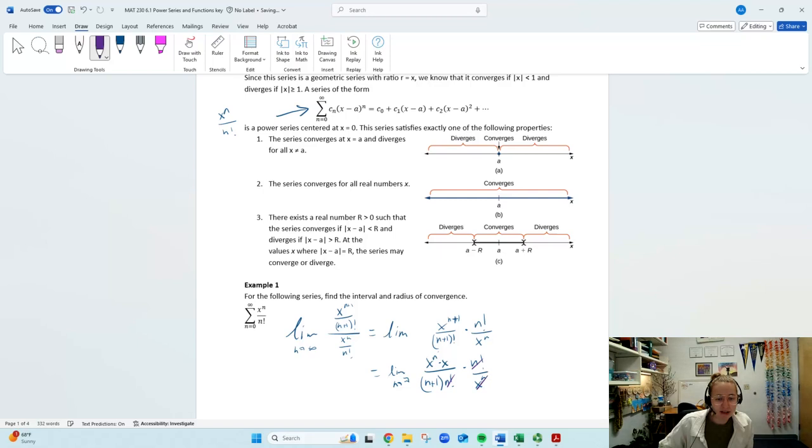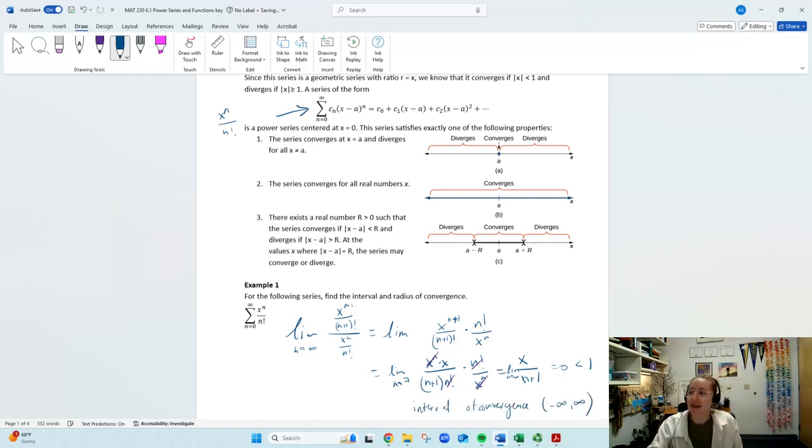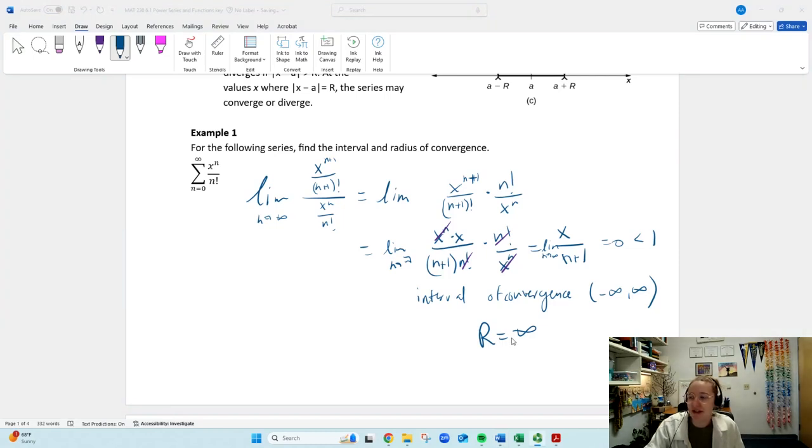Then my x to the n cancels out there, and I'm left with my limit of x over n plus 1. So in this case, as n gets bigger and bigger, this is going to be 0, and this converges everywhere. My interval of convergence is that this converges for all x values. Hence, my radius is infinite.